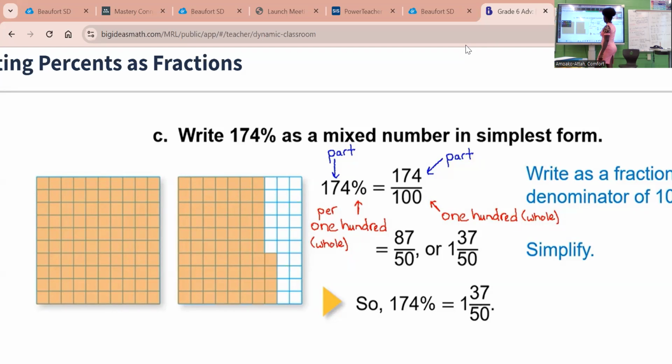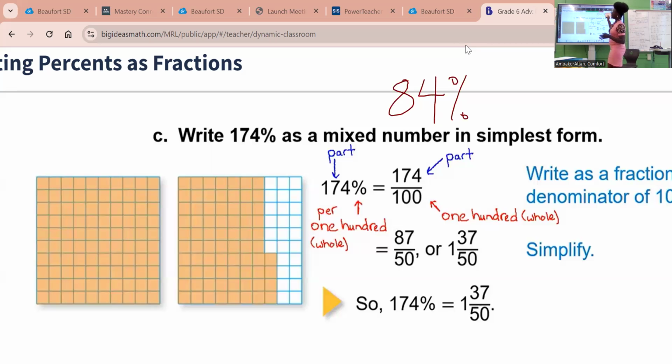So your homework is writing 84%, and you're modeling this for me. 84% as a mixed number in the simplest form. In the simplest form means that you need to reduce it to the lowest term. I know you guys can do that because you have already treated that.